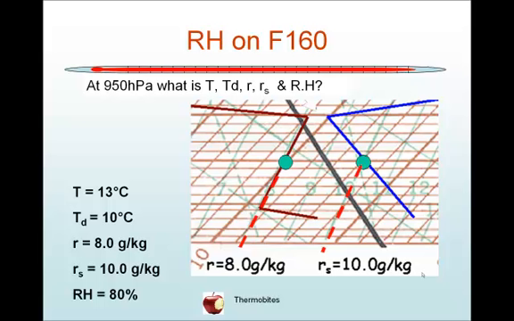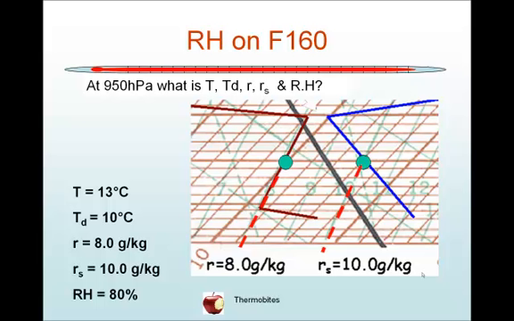So how do we do this on a skew-T log P aerological diagram? Well, for this particular example, at a given pressure level, the temperature is 13 degrees Celsius, the dew point temperature is 10 degrees Celsius, and we can read off the mixing ratios.